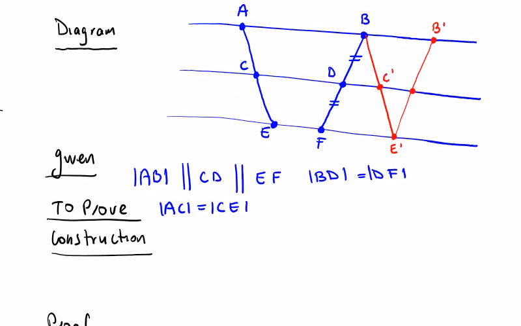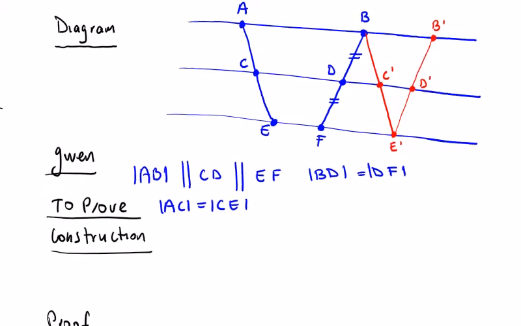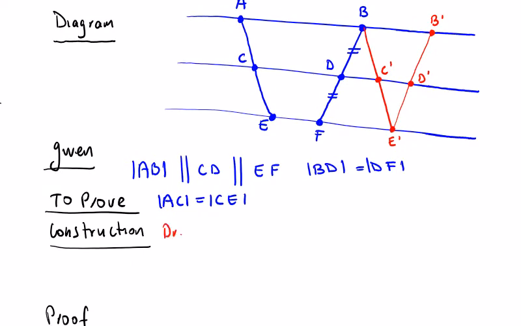We'll call this one C prime, and we'll call this one D prime because they match off with those letters on the other lines. So my construction: draw BE prime parallel to AE, and mark point C prime on CD.